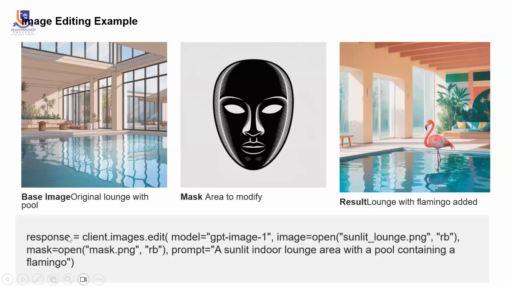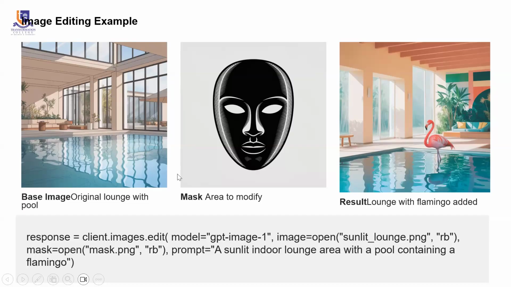If you look at the sequence in the code below, it says response equals client.image.edit, then the model, ChatGPT, the model that they want to use. For us, it could be DALL-E. And then image, open our image source. This is the original image, the sunlit lounge. Then we add a mask to specify the area that we want to modify, this middle area.